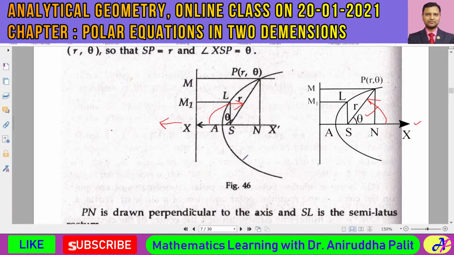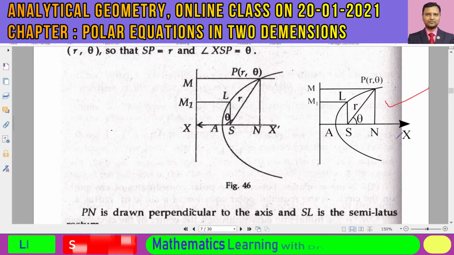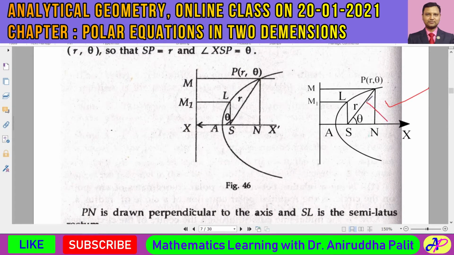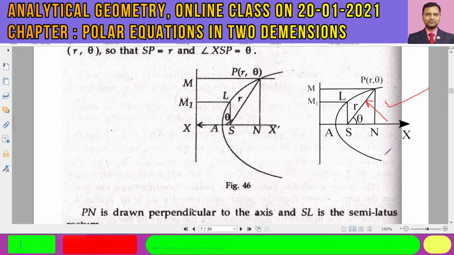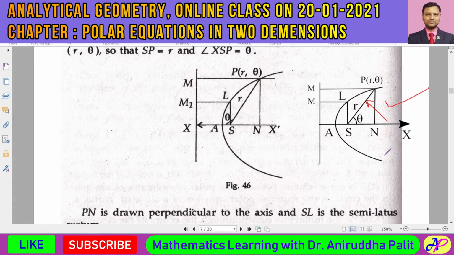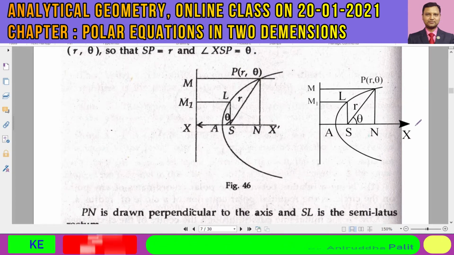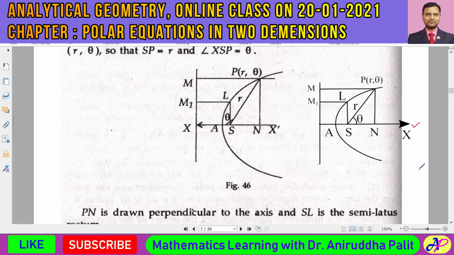So in this picture, the clockwise direction of the vectorial angle should be taken as positive, and in this new picture, the anti-clockwise direction should be taken as positive because of the position of this initial axis. Got it? So the position of the initial axis determines the direction of the vectorial angle.